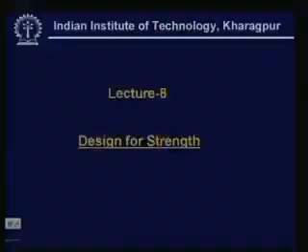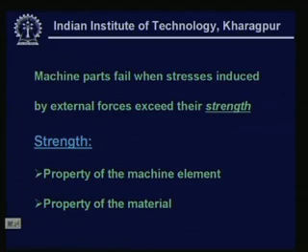Good day. Today, as you have seen, we are going to discuss the design for strength. Now, we understand that a machine part fails when stresses induced by external forces exceed their strength. So, this is quite understandable. Now, the only thing is that we have to look at what is meant by the word strength.